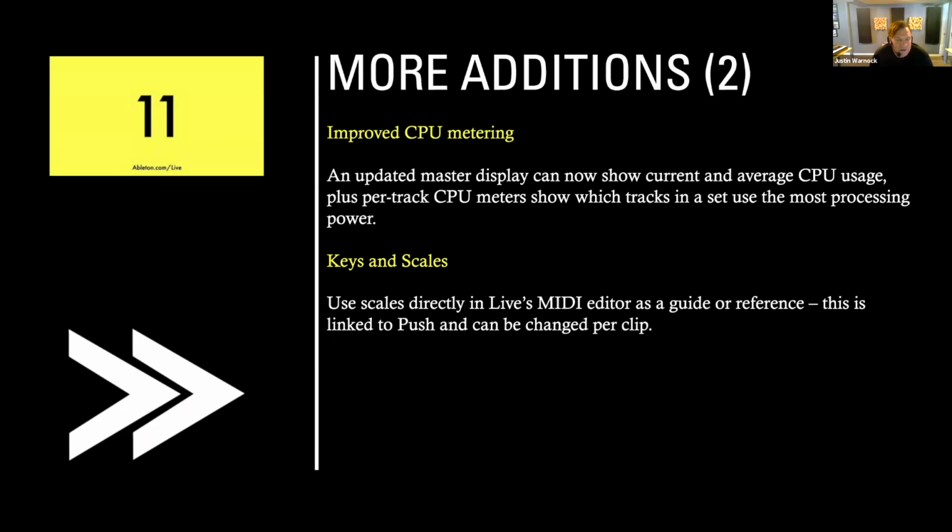But sometimes we're unsure which ones are actually hogging up all the CPU. So with the per-track CPU meters, you can see which ones are being clunky, and you can certainly reduce the usage there. And finally, keys and scales.